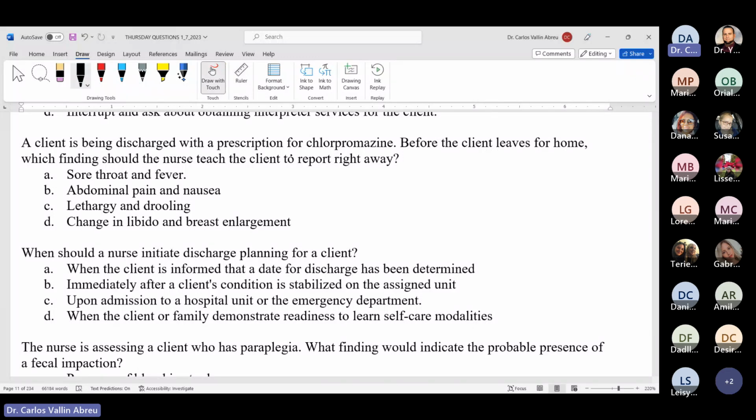So what could be the situations in English? Situation number one, you know what chlorpromazine is.